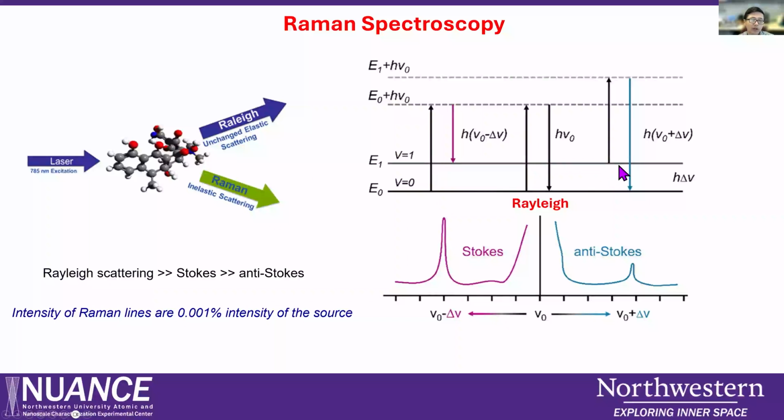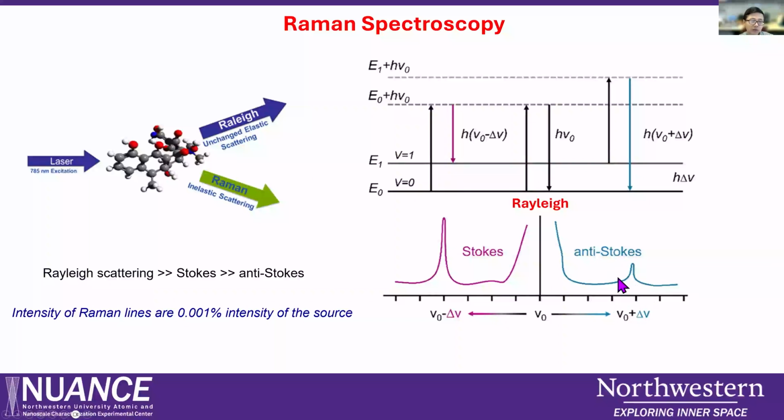Some molecules are already at a higher, elevated energy. If the laser shoots on this molecule, when the laser comes out, it takes away this energy and lets the molecule go to the ground level. In this case, the laser gains energy, and this is called anti-Stokes. The energy gets higher, the wave number gets higher.